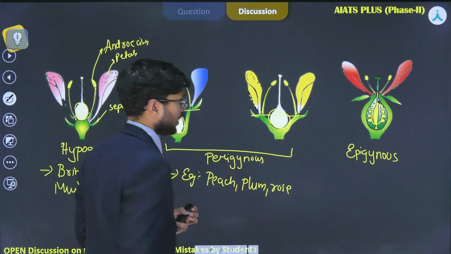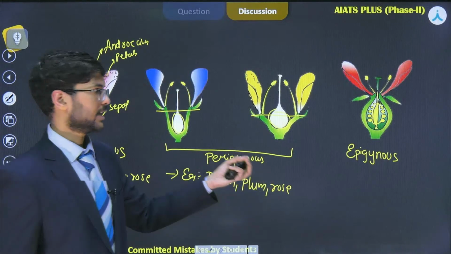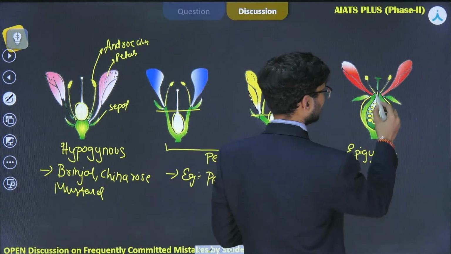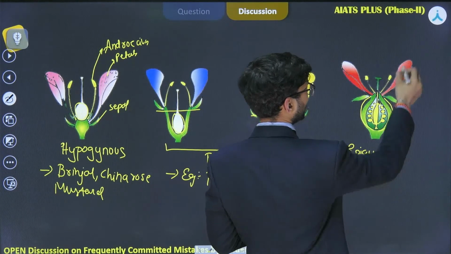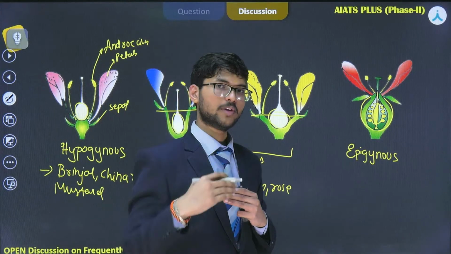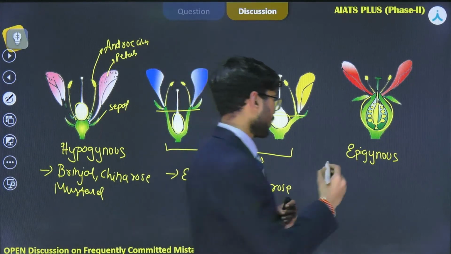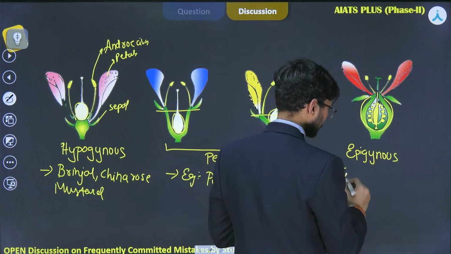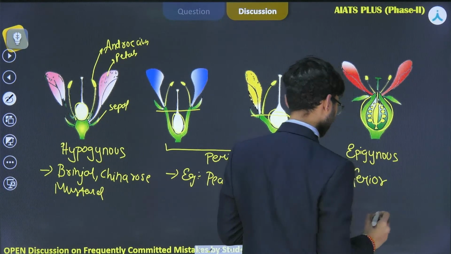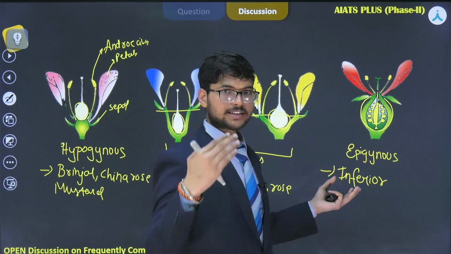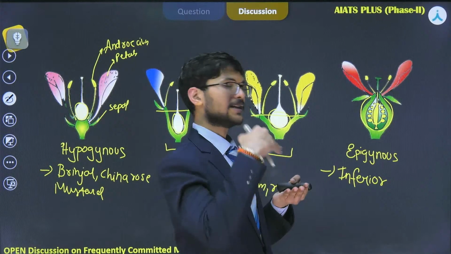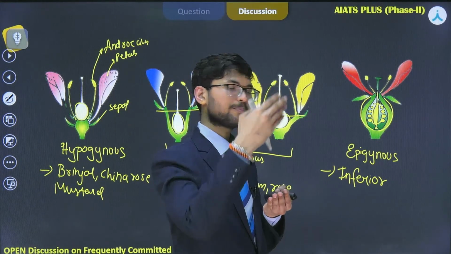Okay. Whereas in case of epigynous flower, you are seeing that the ovary is enclosed, and the other floral parts are arising above the ovary. So, their position is superior to the ovary. So, this kind of flowers are called inferior flowers, as the ovary is located at the basal position, while the other floral parts are present above the thalamus.